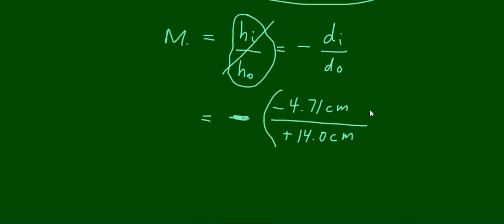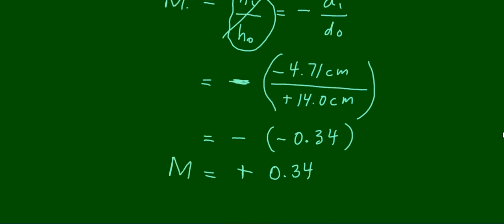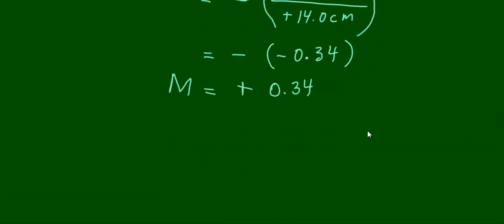We will place brackets around this term for good form, equal signs lined up, negative, and I will do this division, and when I do this division I come out with negative 0.34 to two decimal places. A negative times a negative, as you may recall, yields a positive. And so I have successfully calculated the magnification of that image relative to the object.